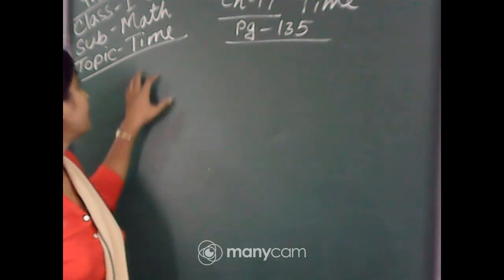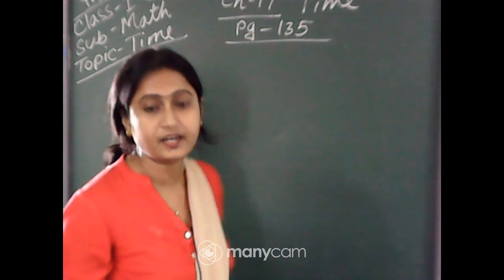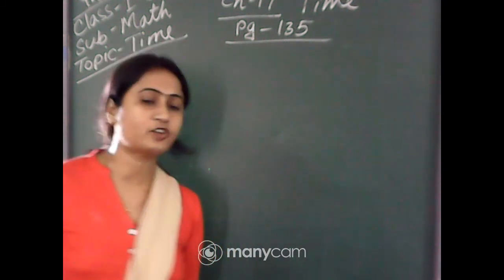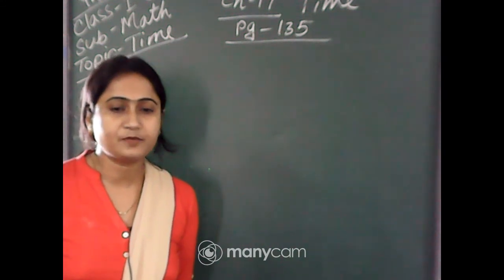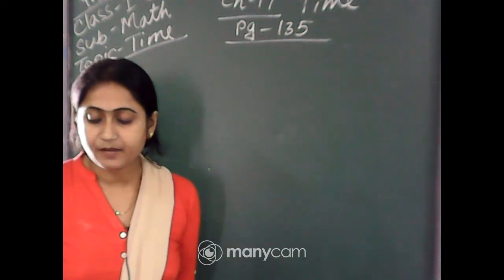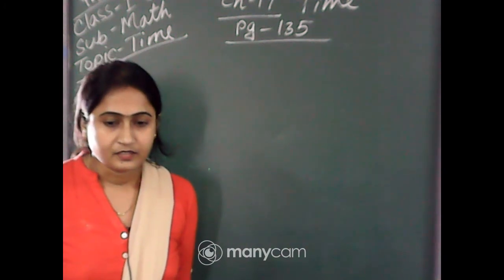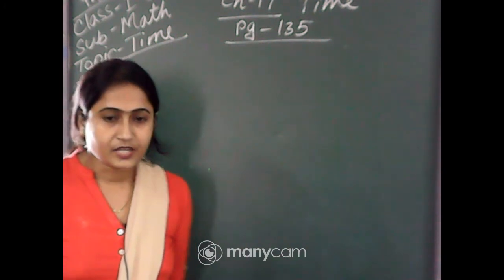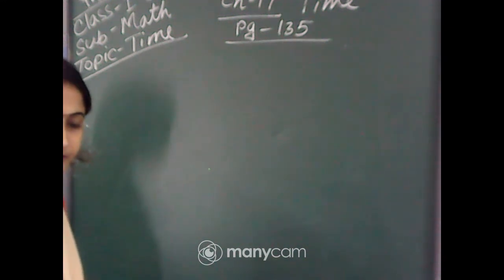Yes, this is chapter number 17 time and page number 135 of your math composite book. You all please take out your math composite book and open page number 135. Arushi, you cannot see the board. When I write, I will move from there.